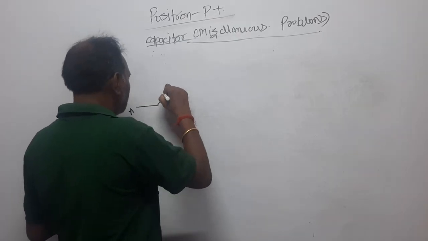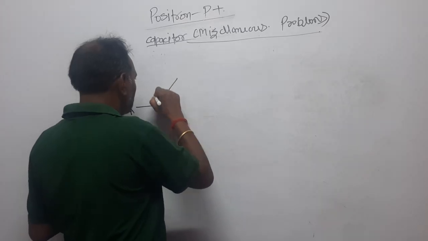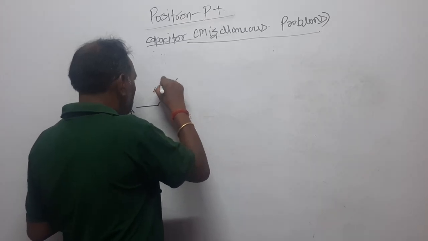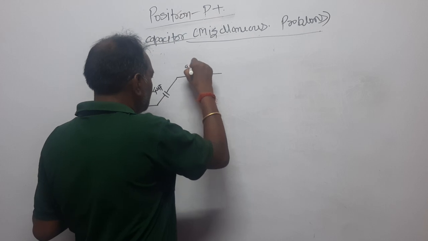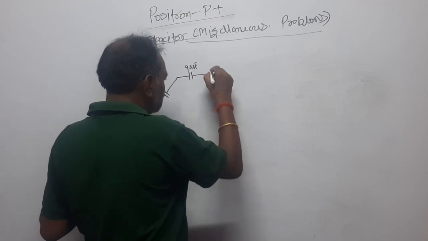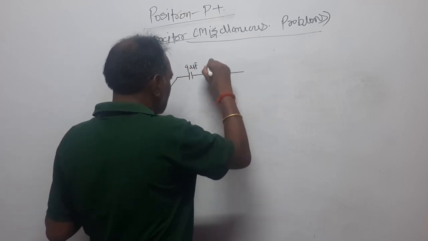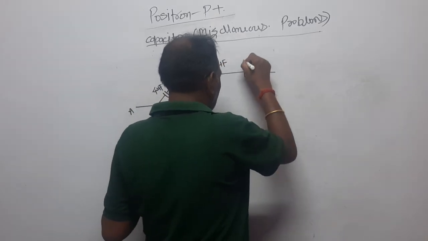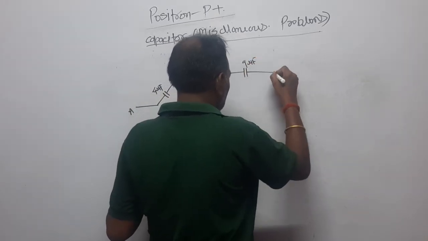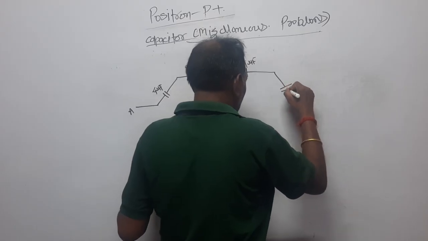This is point A, 4 microfarad, this is 9 microfarad, this is 3 microfarad, this is 9 microfarad, and this is again 4 microfarad.